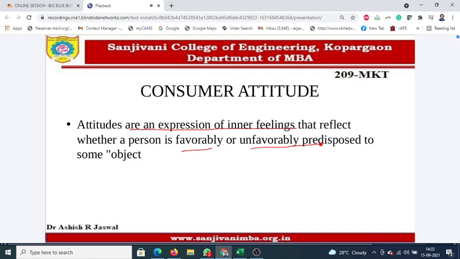That means it is a learned predisposition. What I mean to say is, it is a learned predisposition to behave in a consistently favorable or unfavorable way based on feelings and opinion that result from evaluation of knowledge about the subject.